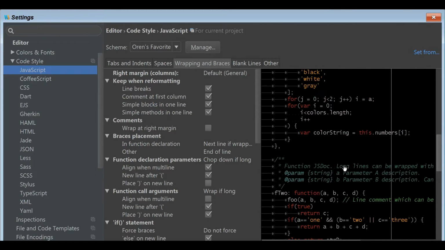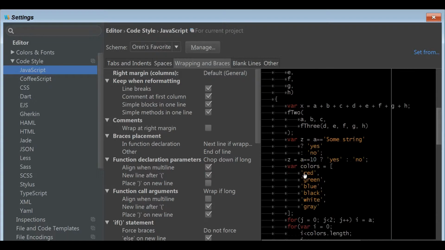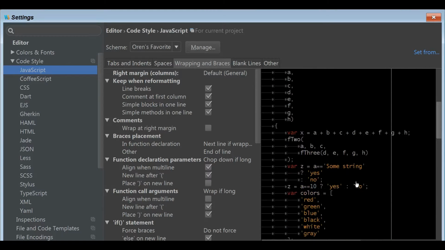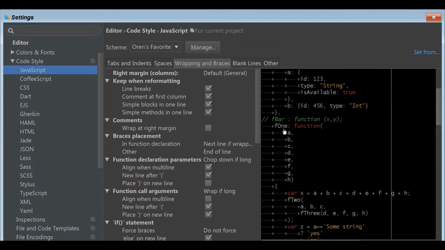But there are other cases where things get really long, like really big arrays, really big function calls with a lot of parameters. It just gets too long going off to the right, and sometimes it's a lot easier to read the parameters in that way.